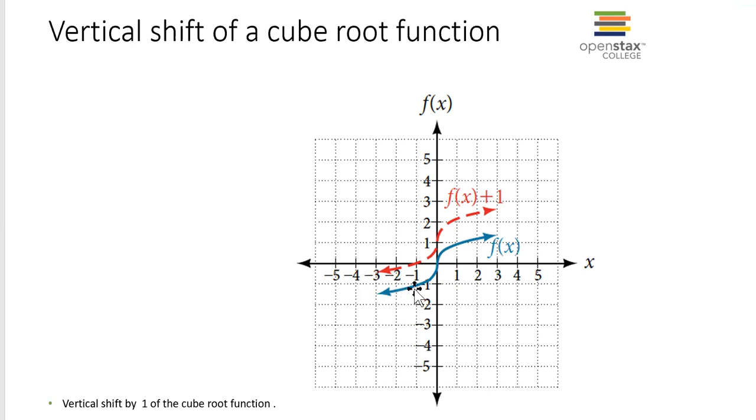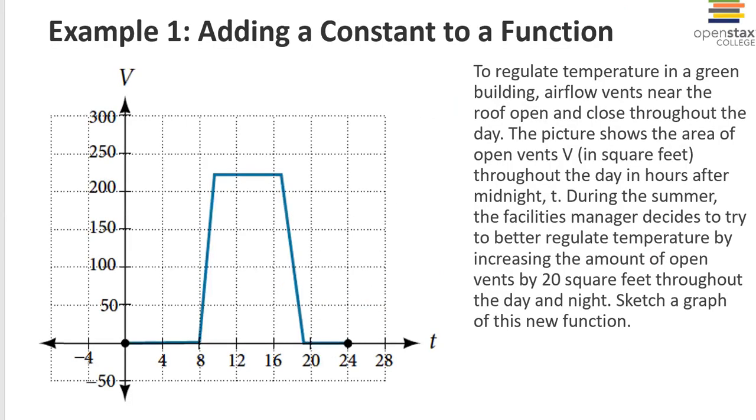The function in blue is our cube root function, and we know that if we add 1 on top of that function, it shifts up 1 unit. All right, so we already know that about the function transformation. So let's take a look at this example.